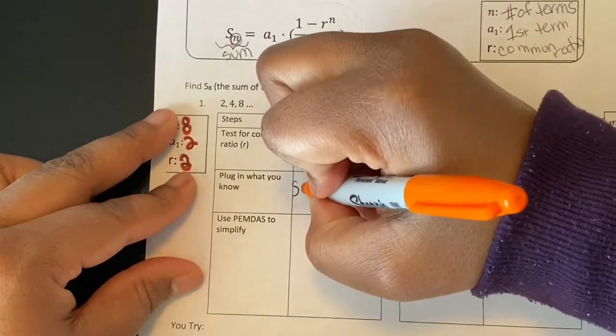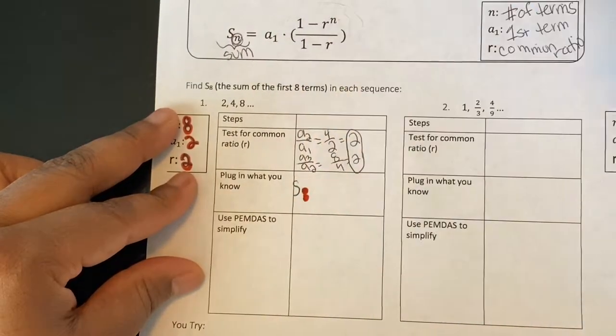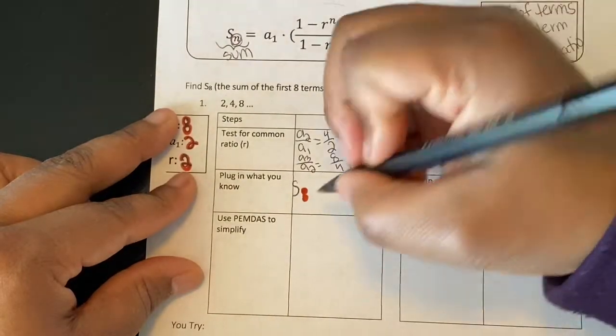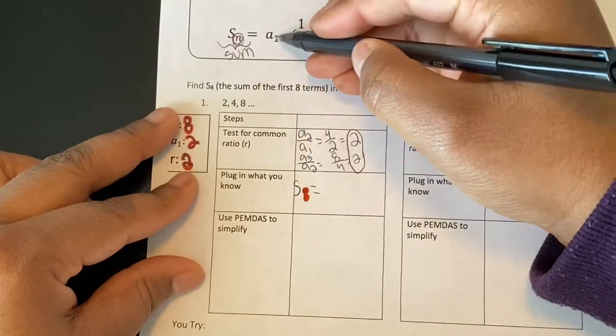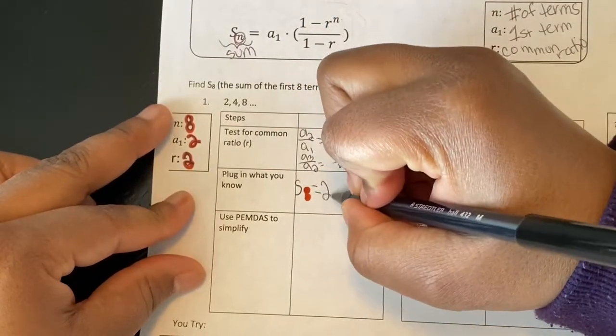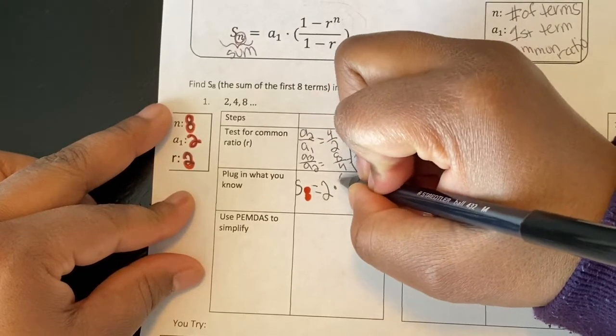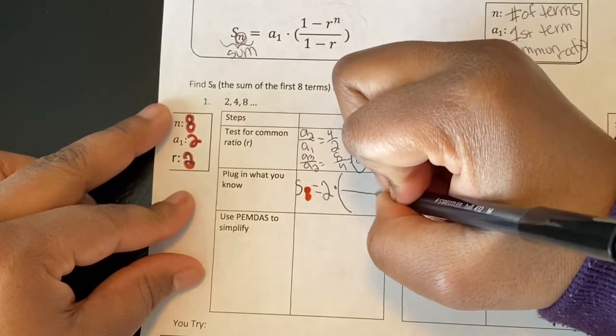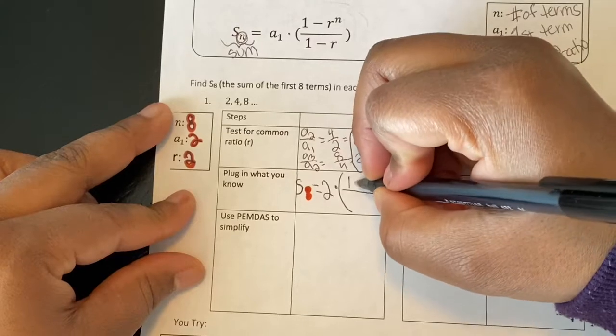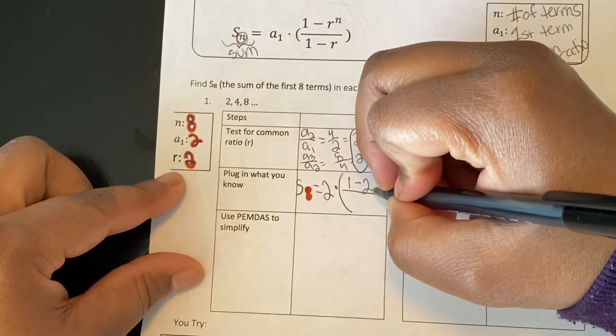Okay, so then now it's S sub 8, because we're trying to find the sum of the first 8 terms, equals the first term, which is 2, times 1 minus 2, which is r, raised to the n power.